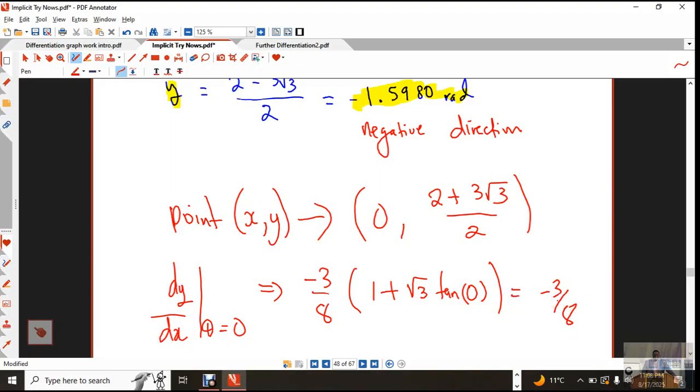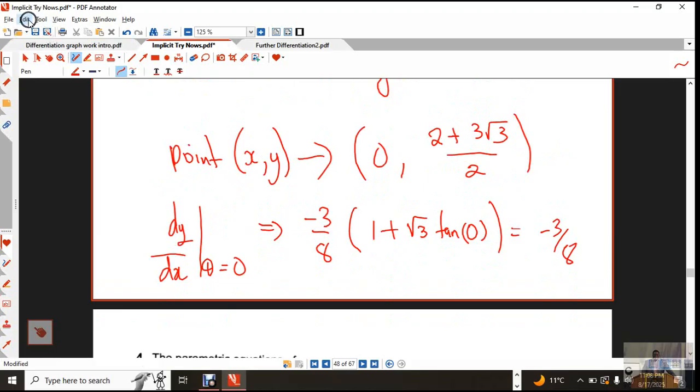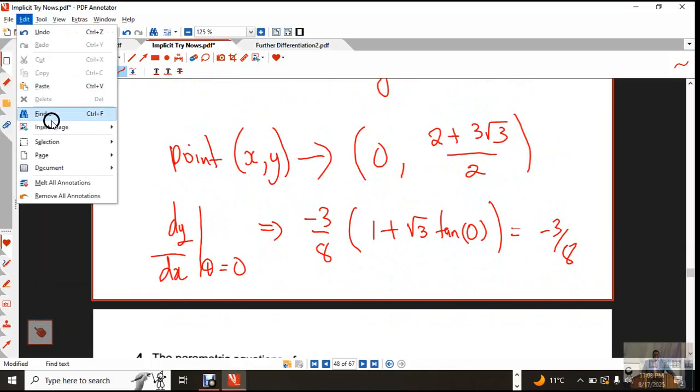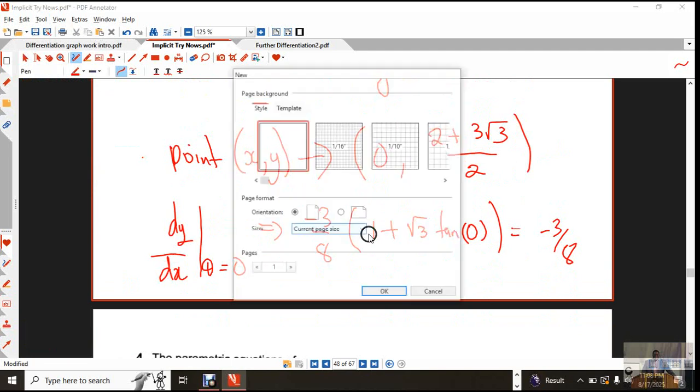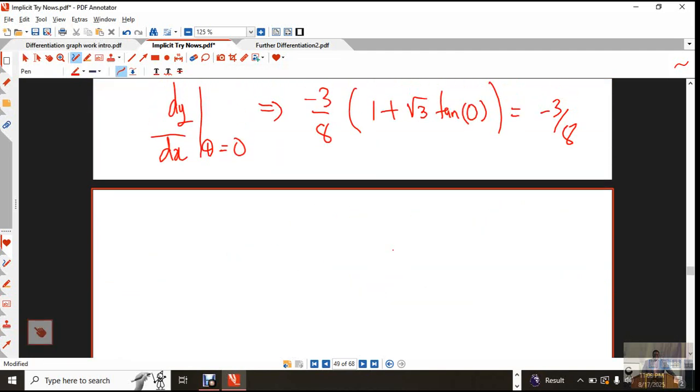Now, what is it that we are looking for? We have the gradient. So again, let's append a page, because we are continuing. So what do we know? We know the gradient is equal to that value.